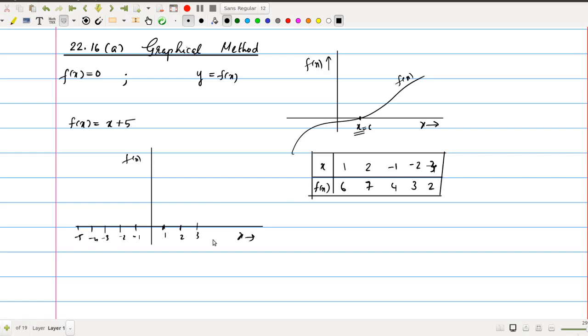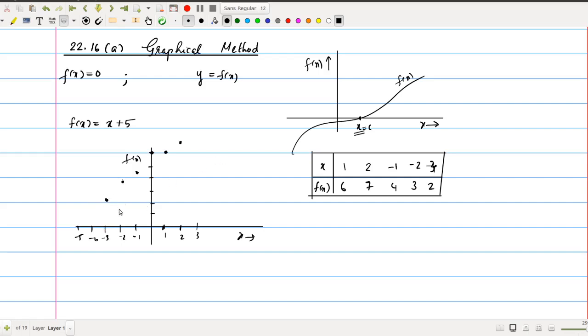First of all, you write 1, 6, this is the point. And 2, 7. And minus 1, 4. And minus 2, 3. And minus 3, 2.